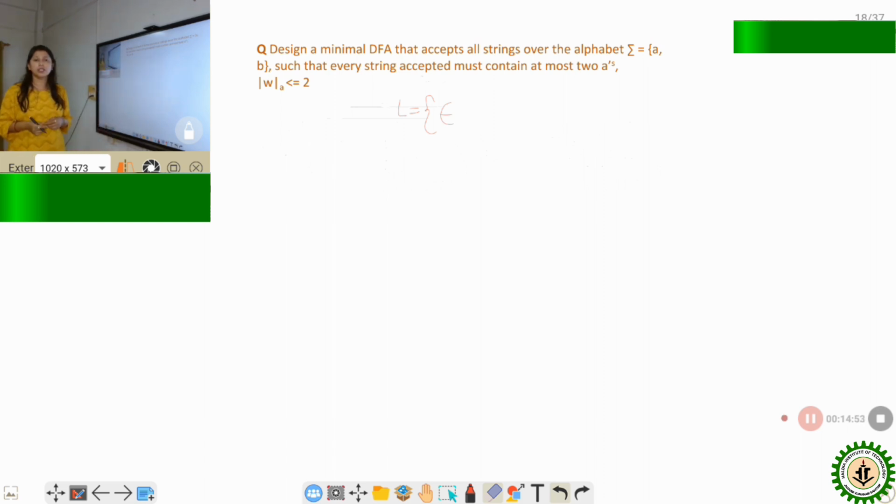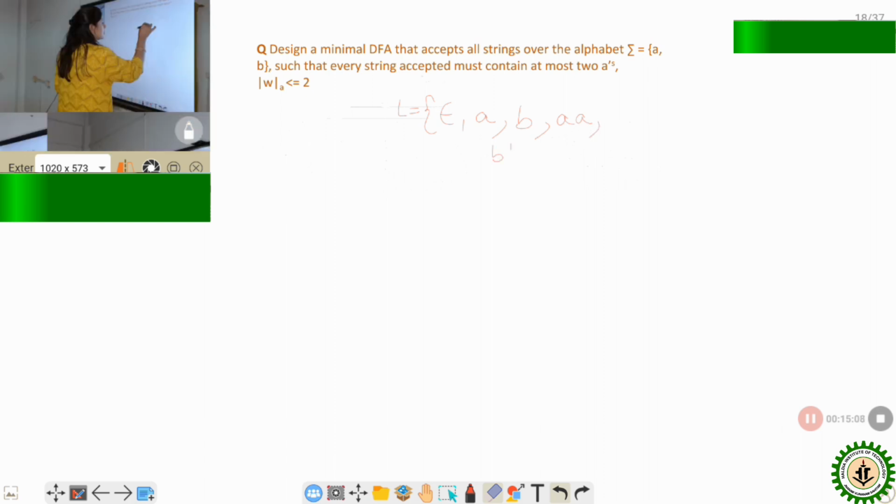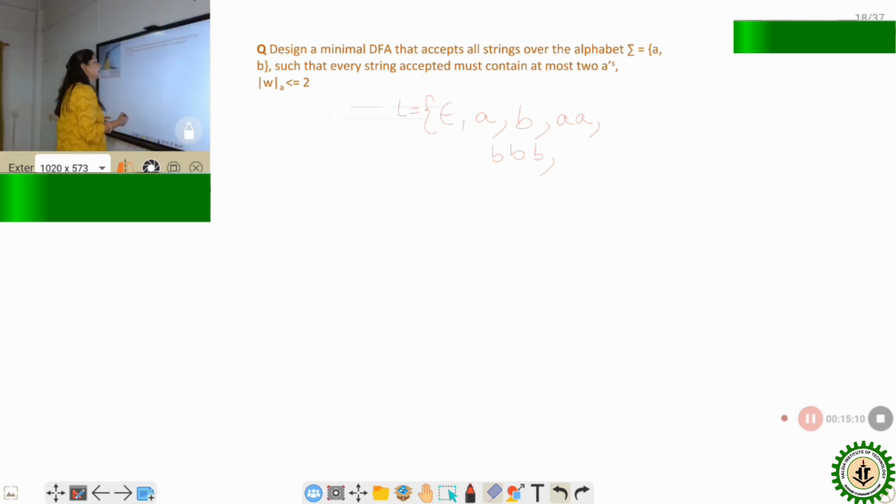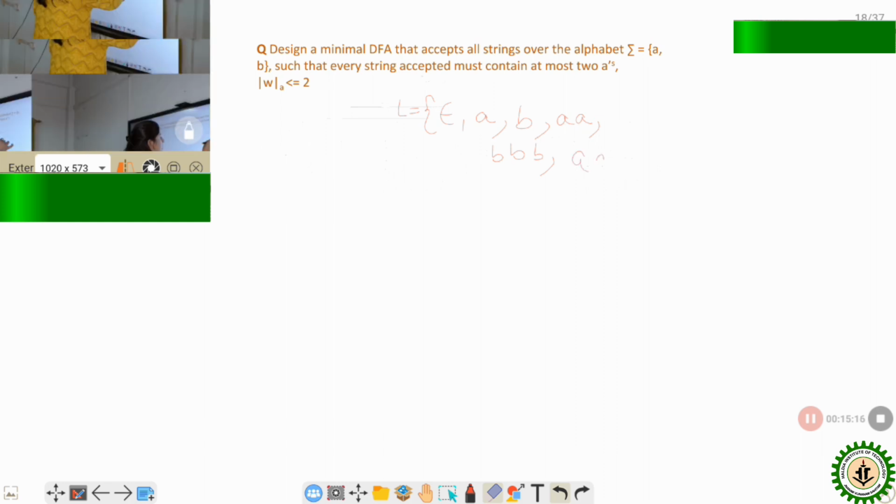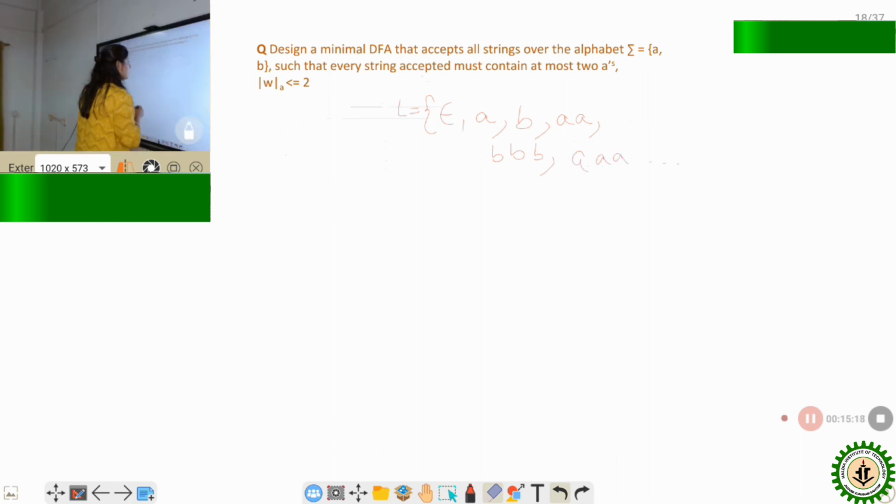Okay? So the minimum language can be epsilon. We are going to contain no As, no Bs. So epsilon will be accepted. A will be accepted, B will be accepted, and double A will be accepted, and any combination of B will be accepted, and triple A will not be accepted. AB will be accepted.